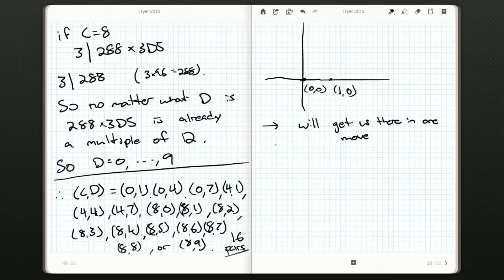So if we go up at any point, we'll have a y coordinate of 1, for example. We'll have to have a corresponding down movement to get us back to a y coordinate of 0.